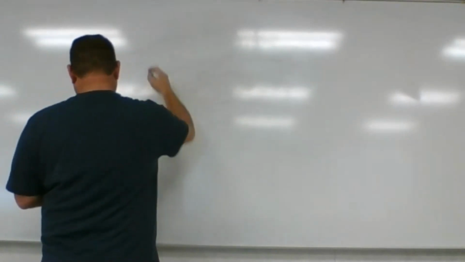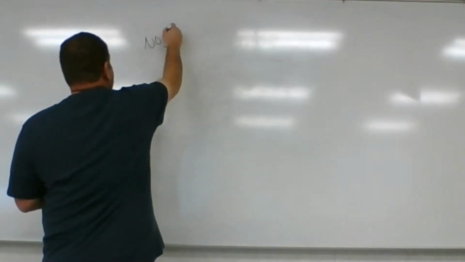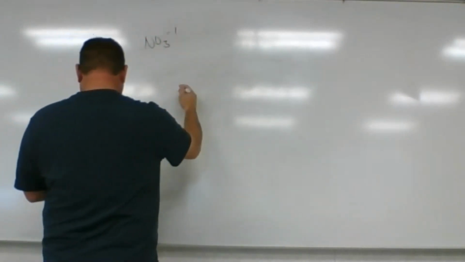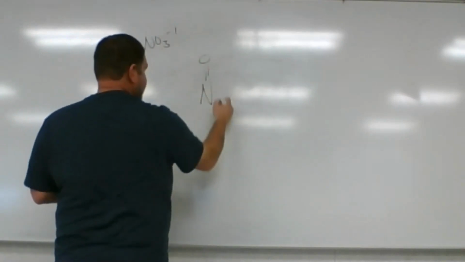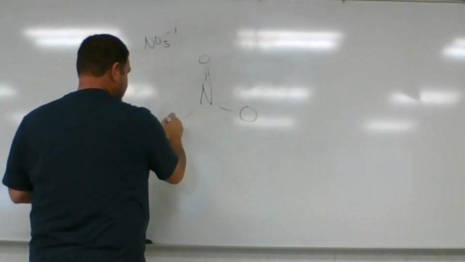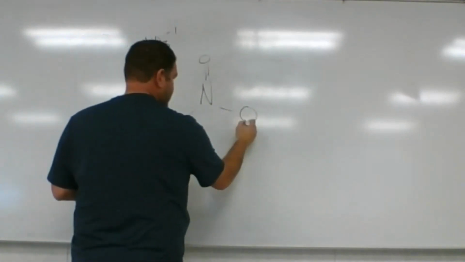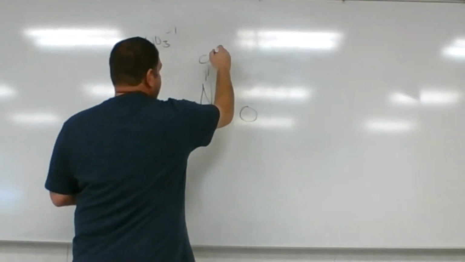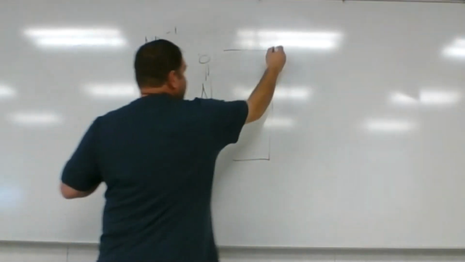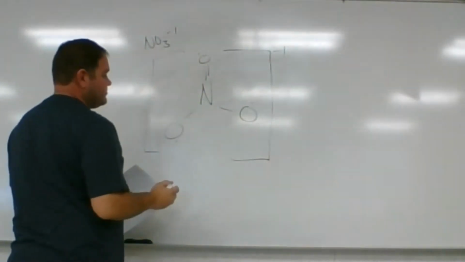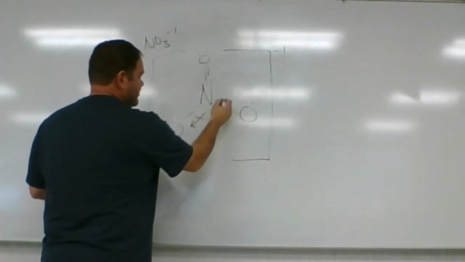All right, let's look at NO3 minus. Again, there are Lewis or resonance structures for this, and I'm only going to show the one. This is an ion, with a minus 1 charge. For the dipoles, oxygen is the strongest.